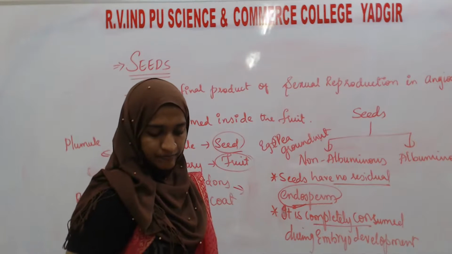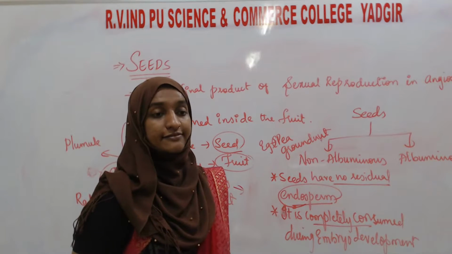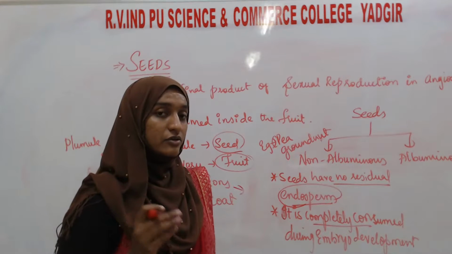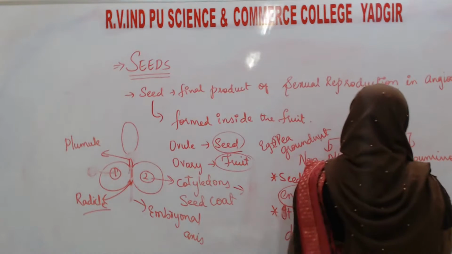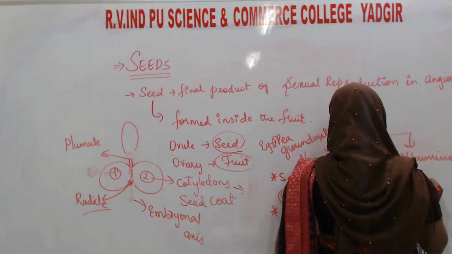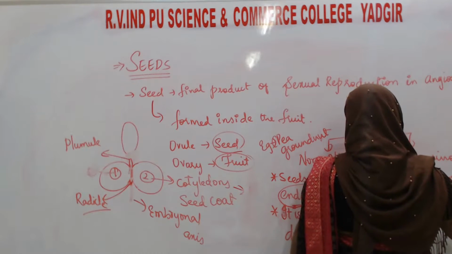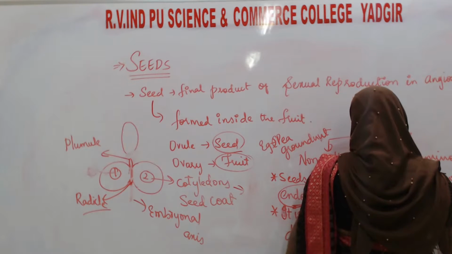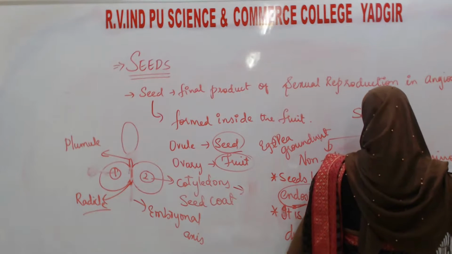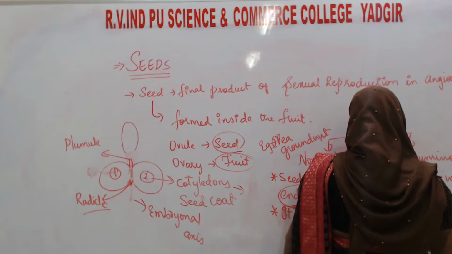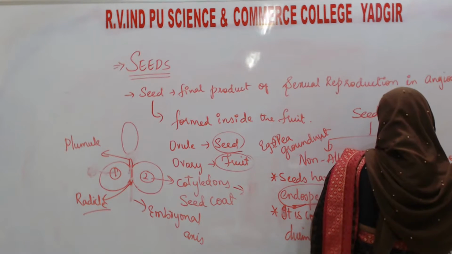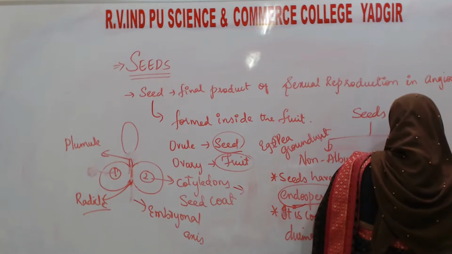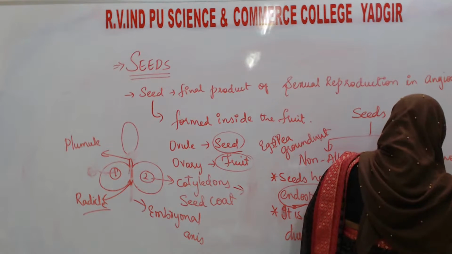What do you mean by albuminous seed? It retains a part of the endosperm, which is not completely consumed during embryo development.